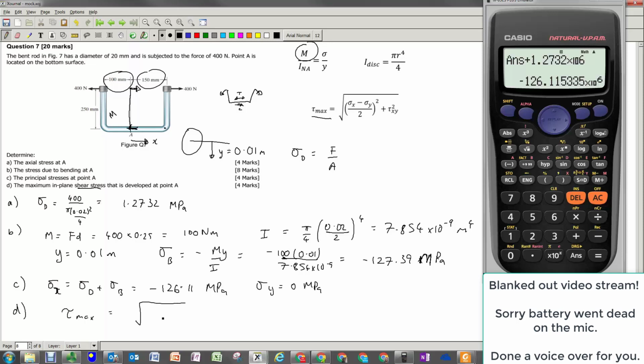So that just works out to be, as I said, the 126 divided by 2, which works out to be 63 megapascals.